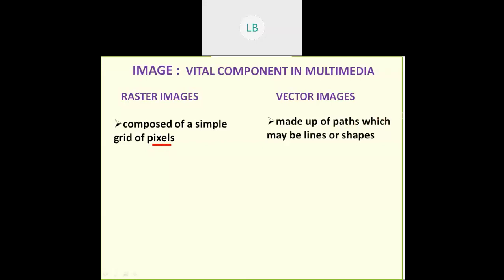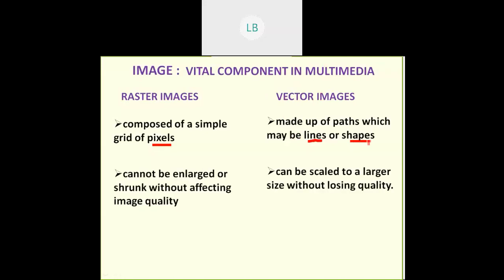Vector images are made up of parts which may be lines or shapes. Raster images cannot be enlarged or shrunk without affecting the quality of the image, whereas vector images can be scaled to a larger size without losing quality.